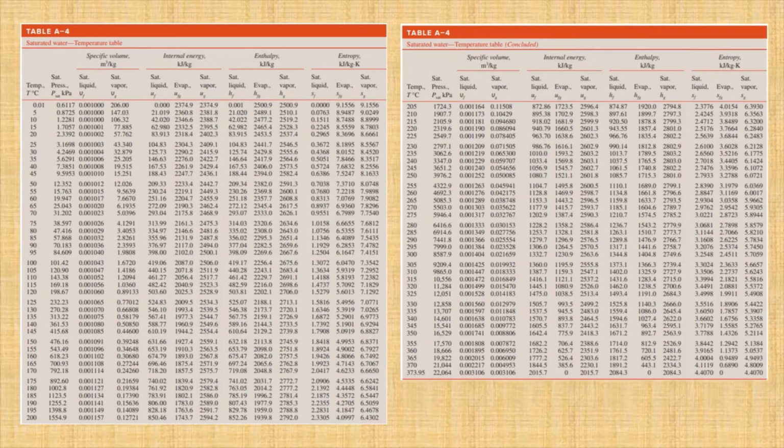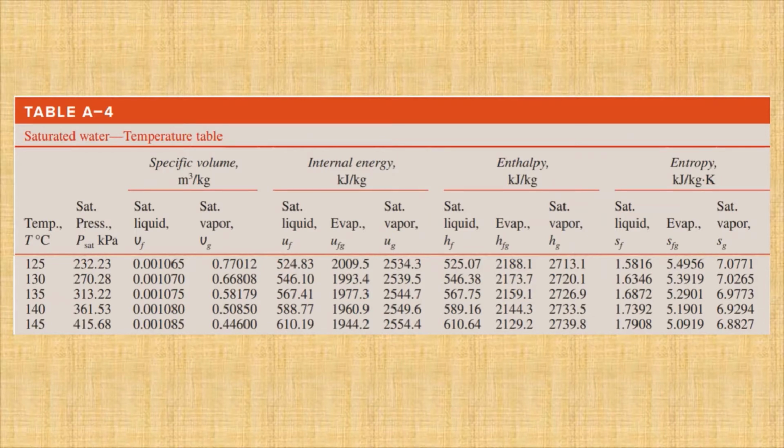We will need to zoom in on this portion of the table, because it contains the given temperature in the first column. The portion of the table looks like this. We need to look across the row with the given temperature.